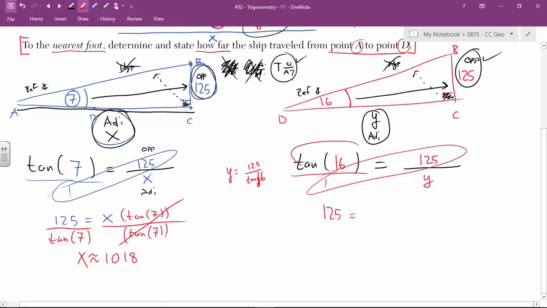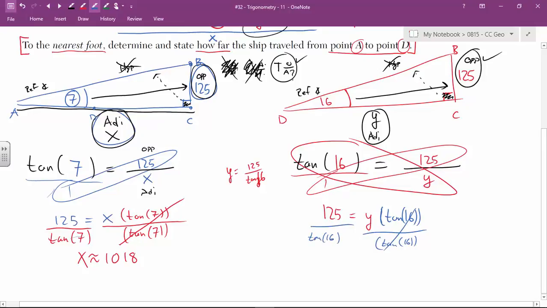Then we're going to have y times the tangent of 16. So tangent of 16 is bothering y through multiplication, so I divide to get rid of the tangent of 16. Whatever I do to one side, I do to the other. And there you go. This is what I was saying. The y and the tangent 16 swap places. They're interchangeable. That's a property of cross multiplication.